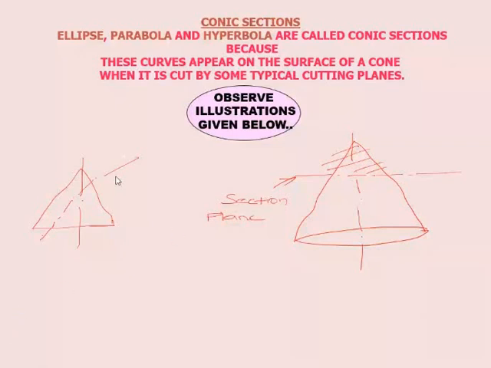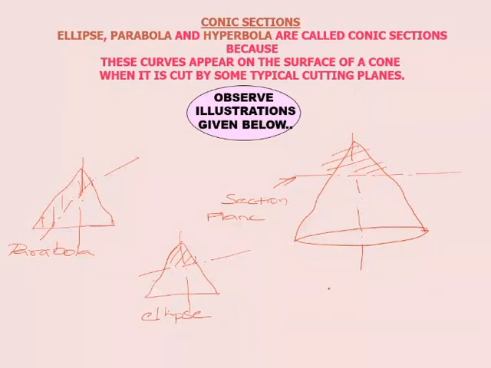Parabola. Now if I incline my section plane so that it is not perpendicular to the axis, but it cuts all the generators, and I remove this part, then I will get an ellipse.